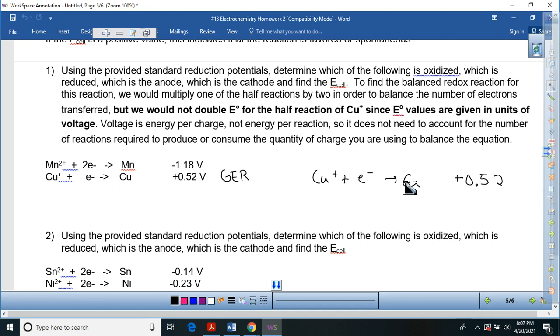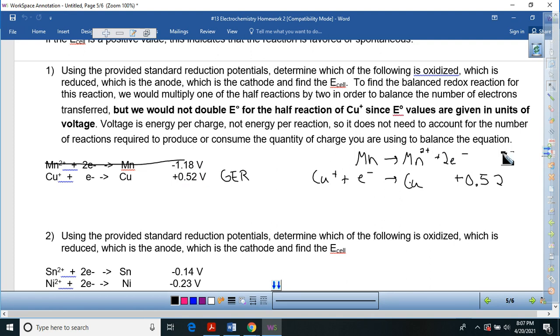Now the manganese has a lower reduction potential. That means it's more likely to be oxidized rather than reduced. That means I need to flip this. I need to show it losing electrons, so I need to show the electrons as a product.